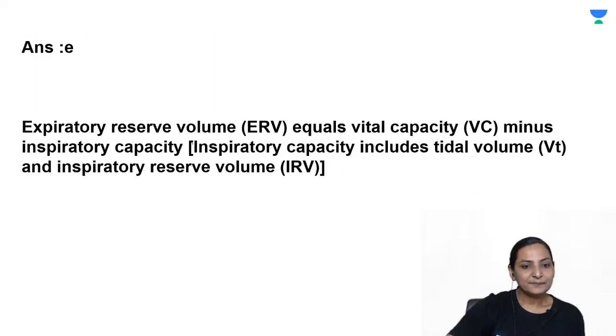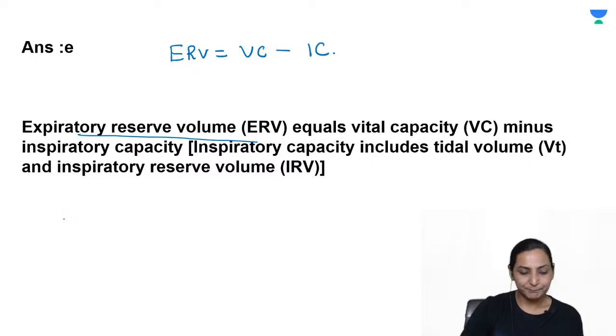I know that expiratory reserve volume is vital capacity minus inspiratory capacity. How do I get this? See, vital capacity is inspiratory reserve volume plus expiratory reserve volume plus tidal volume.